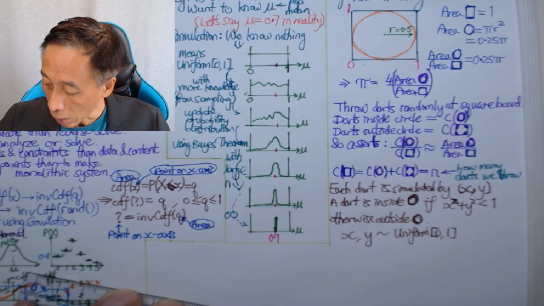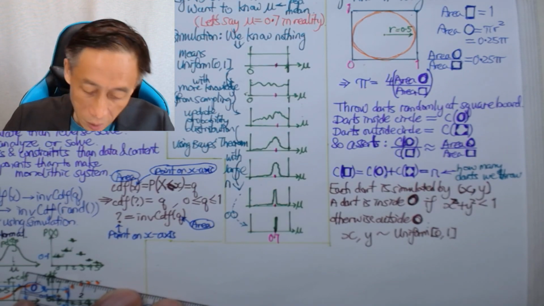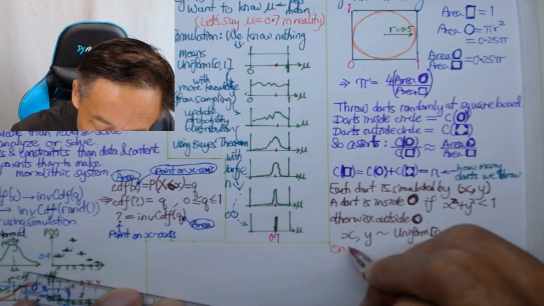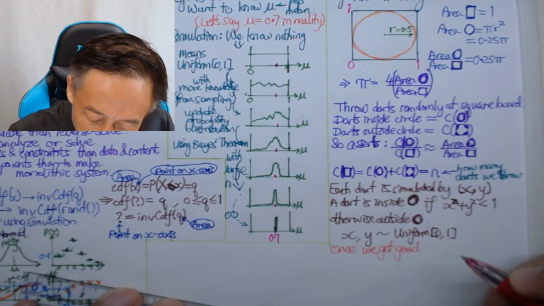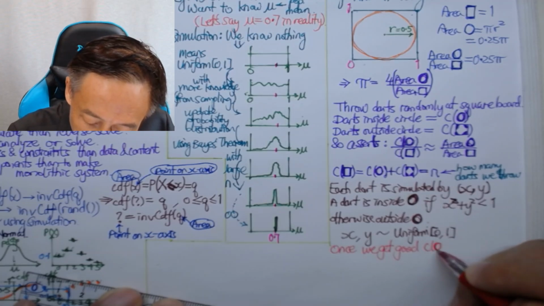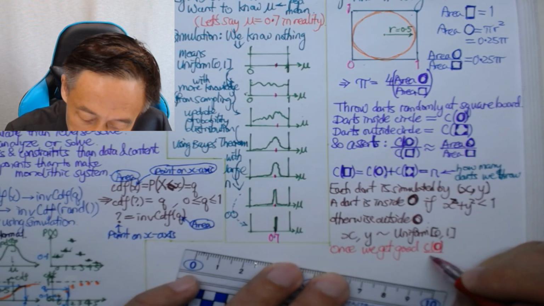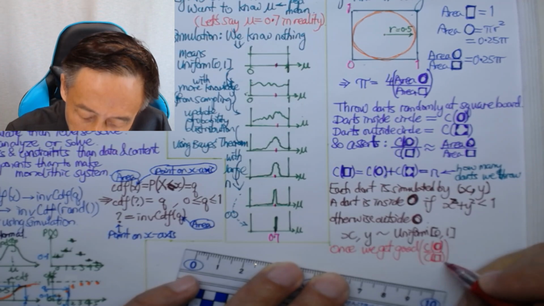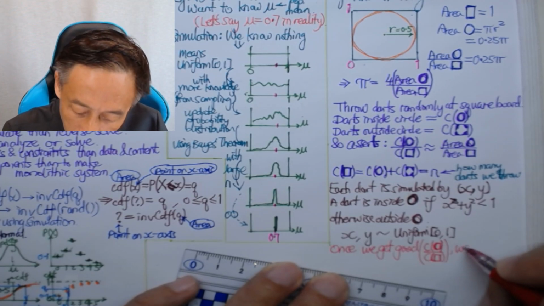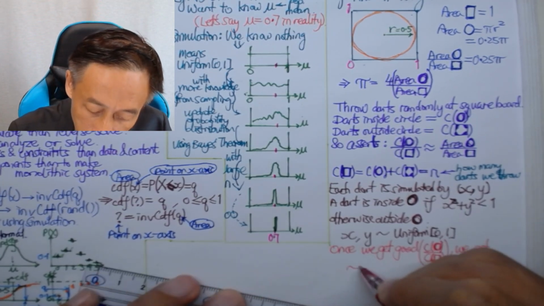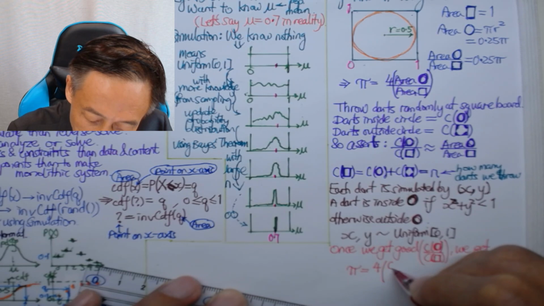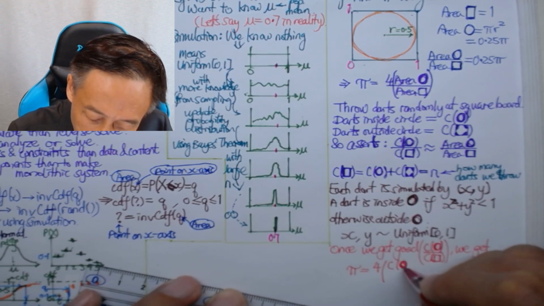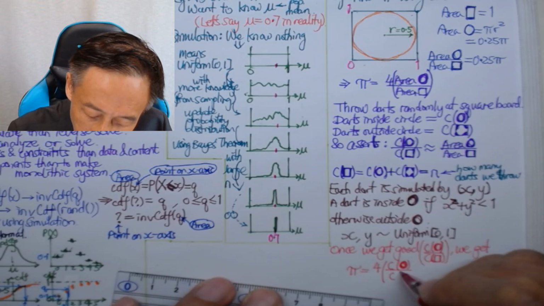So the final part is that once we get a good value of C of circle over C of square, we get pi equals 4 times C of circle over C of square.